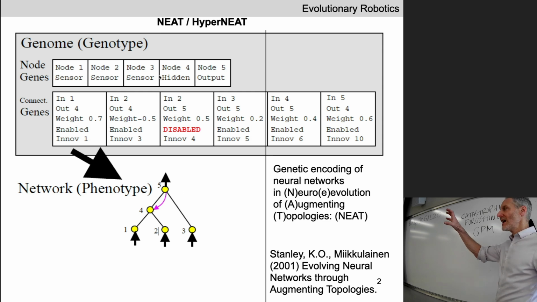If this genotype produces a copy of itself, and during that copying process, there's a mutation that adds a node 6 here, what happens to the phenotype of that child? Is the phenotype of the child the same as this phenotype, the phenotype of the parent?